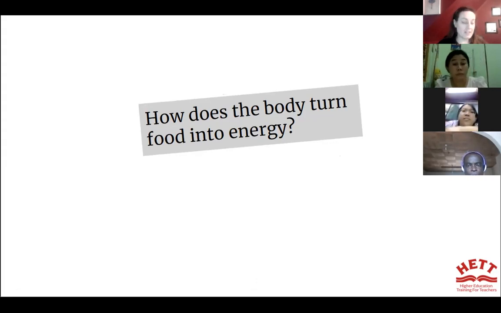How does the body turn food into energy? Is this an essential question or knowledge-based question? Okay. So yes, this is knowledge-based.